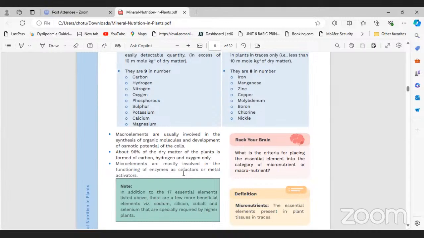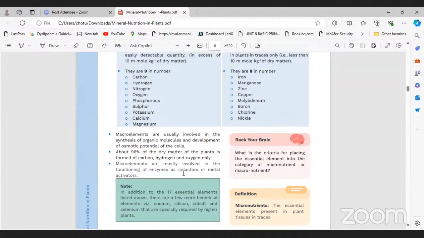Micro elements are mostly involved in the functioning of enzymes as cofactors or activators.